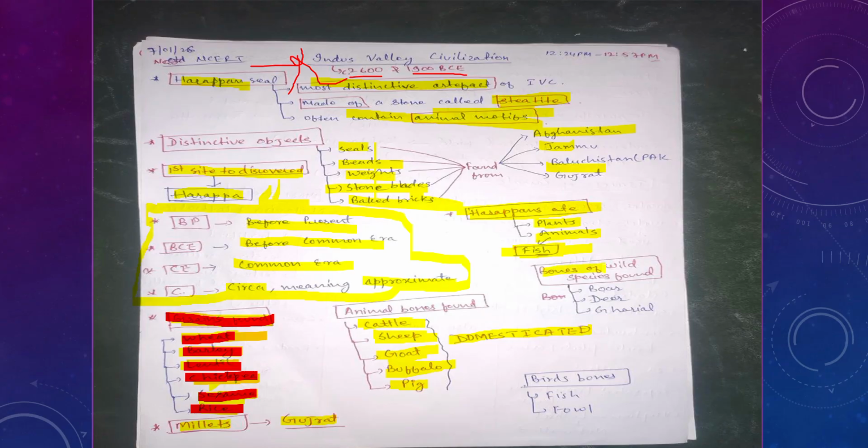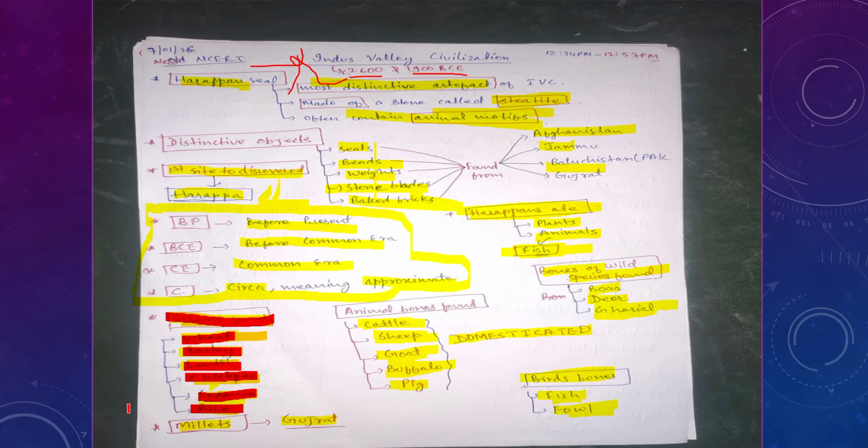Now bones of wild species have also been found, which include boar, deer, and gharial. Not very important, but please remember all these things. There is also evidence of birds' bones, which include fish and fowl.